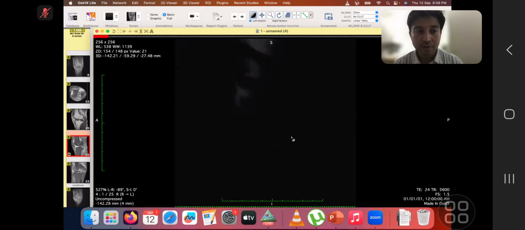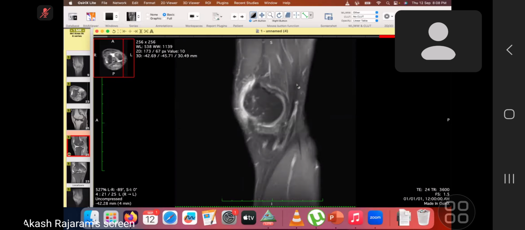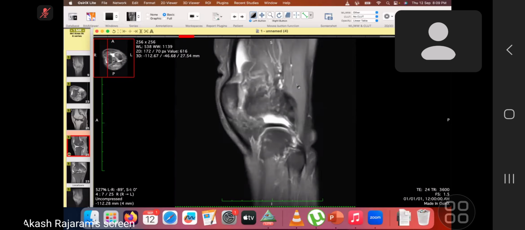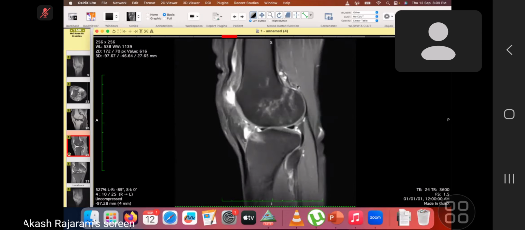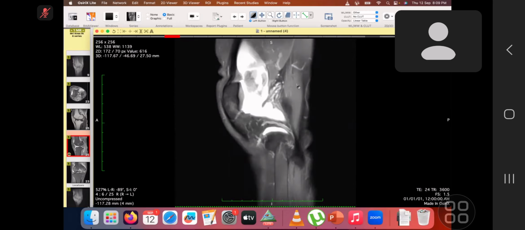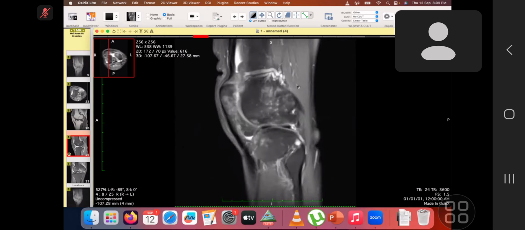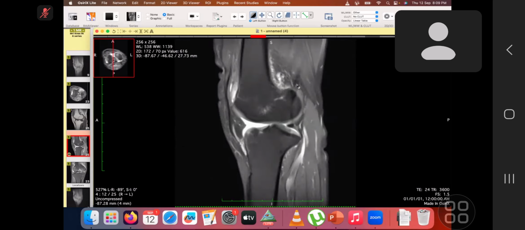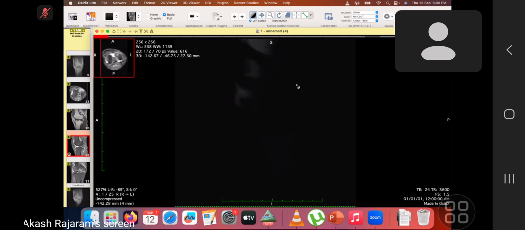Yeah, you can scroll. Now I'm presented with a coronal view. I can't see any lateral meniscal injury.